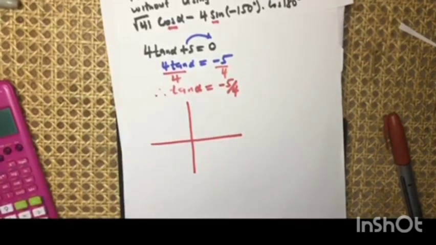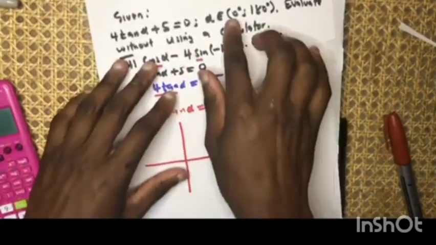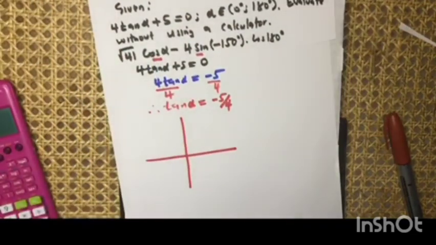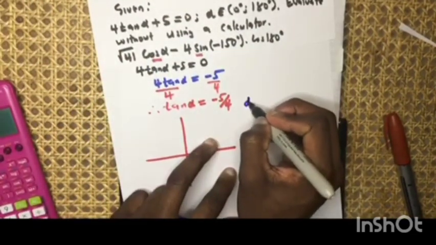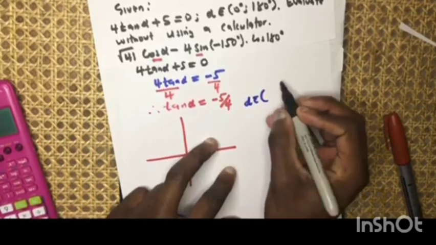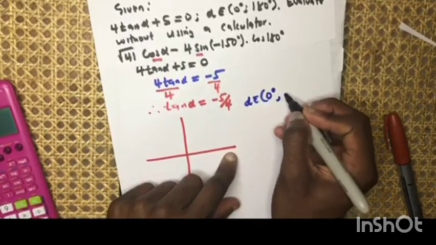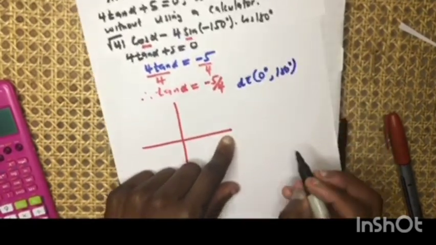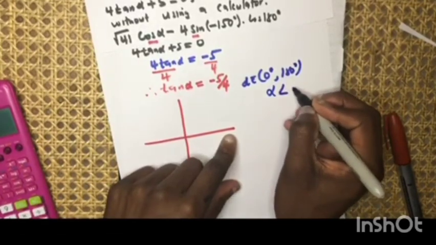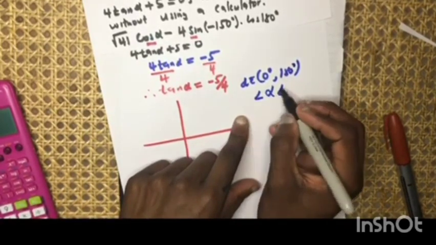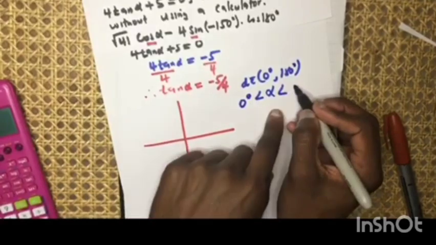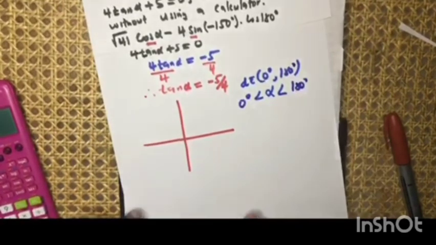Remember guys, in this case now we have the restriction. The restriction says that alpha is an element of, remember 0 is not included, 180 degrees. This can be written as alpha is bigger than 0 but less than 180 degrees.